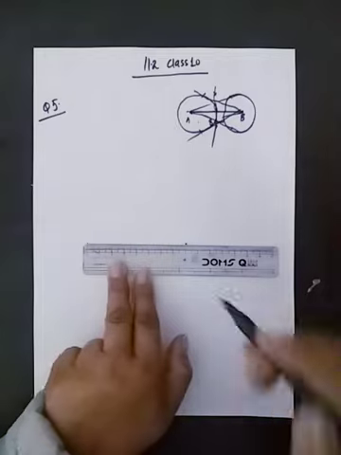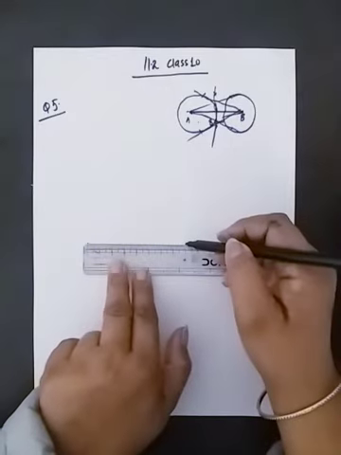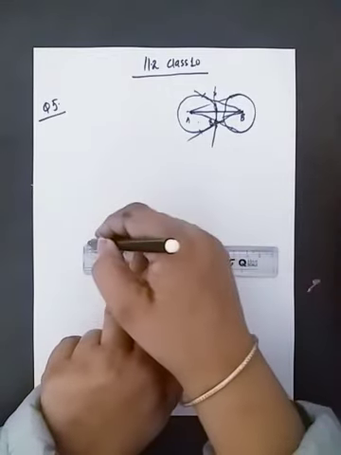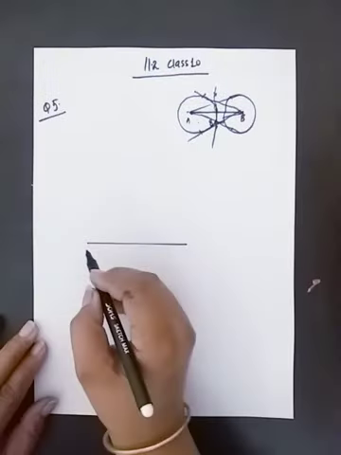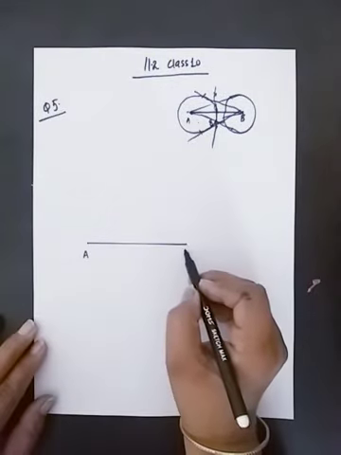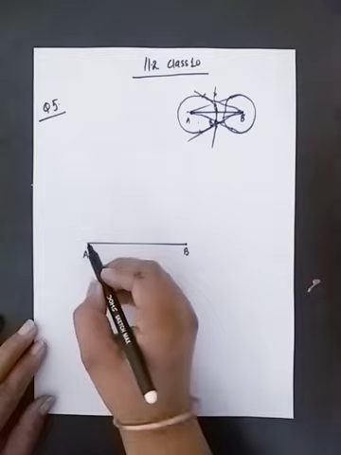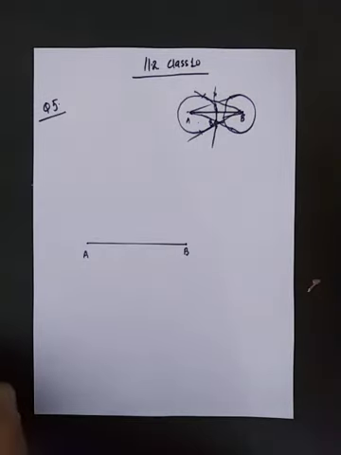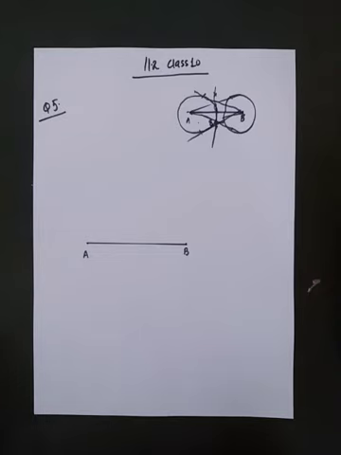I am going to draw a line segment of length 8 centimeter, and this I am naming as A and B. Now taking A as center, we have to draw a circle of radius 4 centimeter, and taking B as center, we have to draw a circle of radius 3 centimeter.